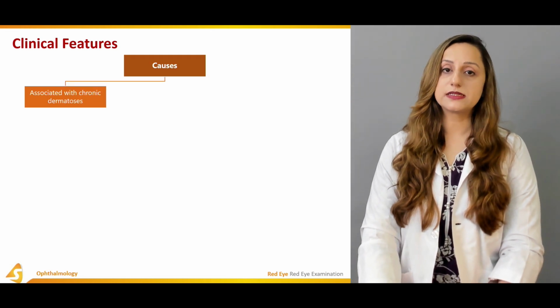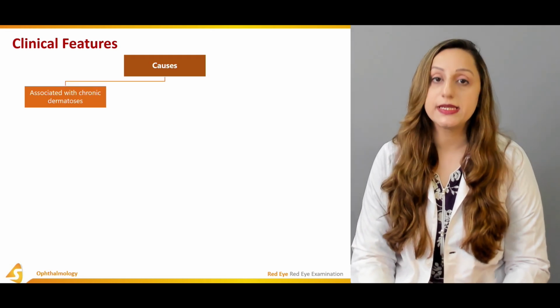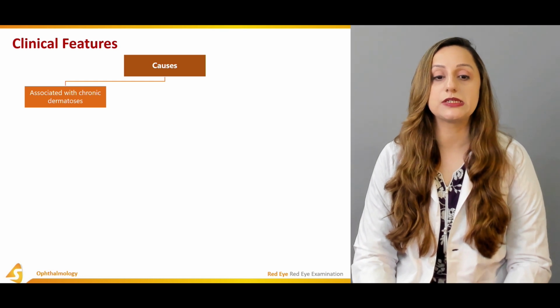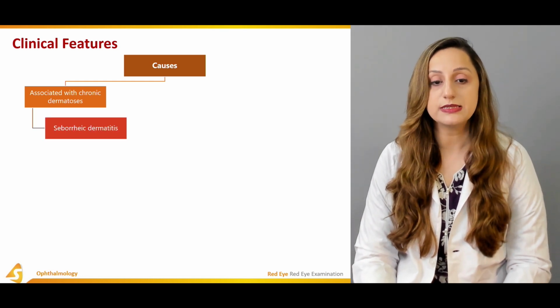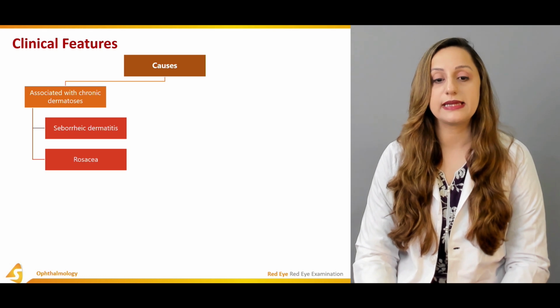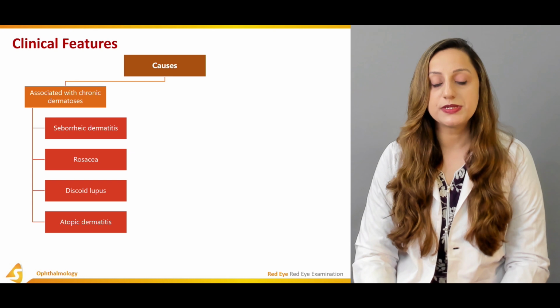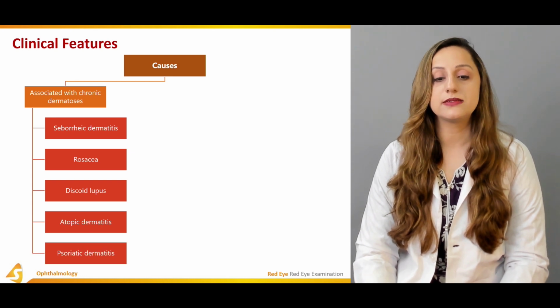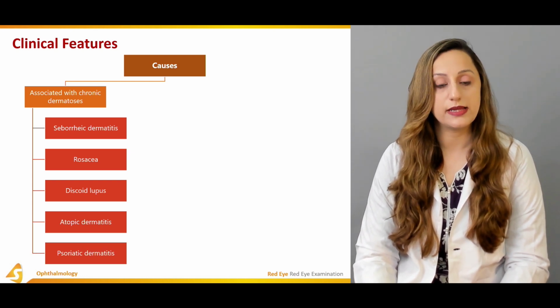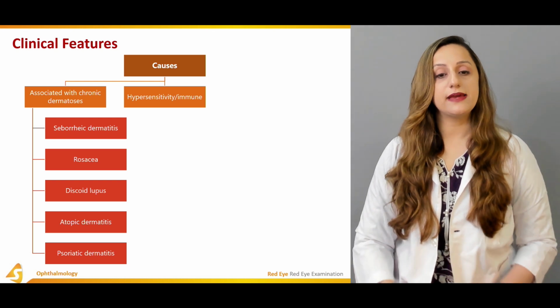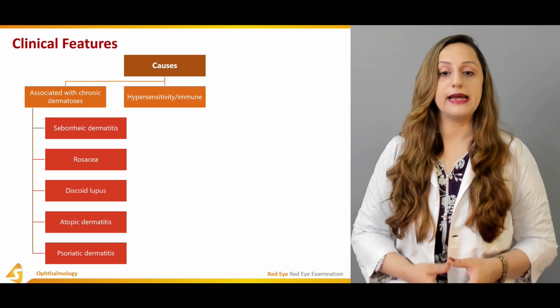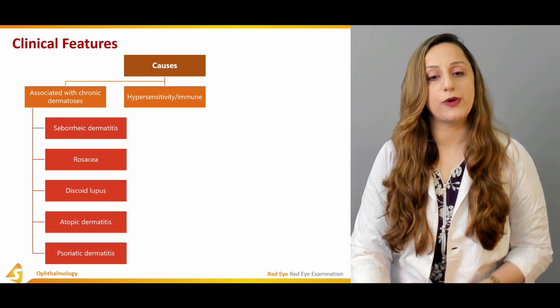The causative factors which can end up in blepharitis in a particular patient are associated with chronic dermatoses, such as seborrheic dermatitis, rosacea, that is acne rosacea, discoid lupus, atopic dermatitis, and psoriatic dermatitis on one hand. Then we have the other variants, that is basically the hypersensitivity or the immune variants.